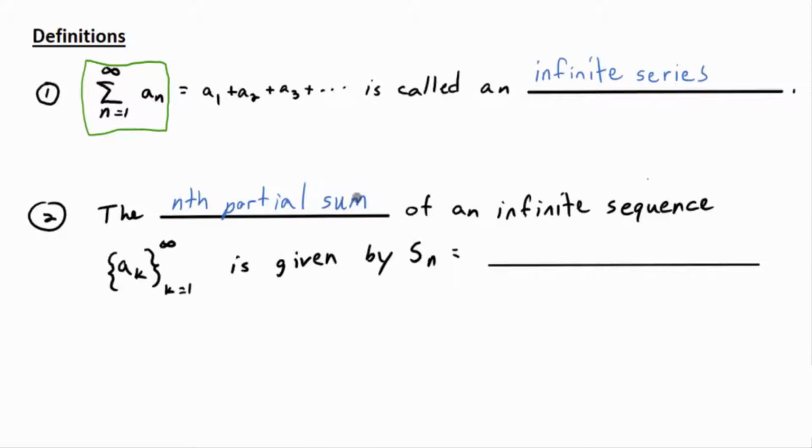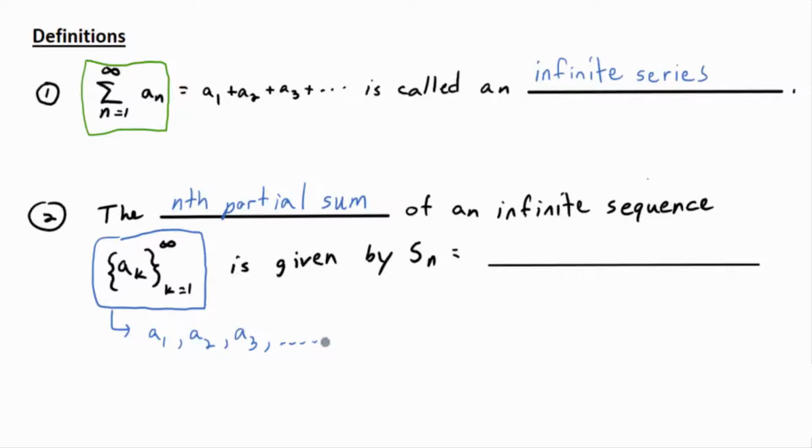Okay, so I haven't shown you this notation yet, but this funky looking notation, the a sub k inside the curly brackets with the lower bound k equals 1 and the upper bound infinity, is just a shorthand for saying, hey, we've got an infinite sequence, a1, comma a2. We're not adding yet. It's a sequence. We don't add sequences. And then you just keep going. That funny-looking curly bracket notation is a shorthand notation for denoting an infinite sequence.